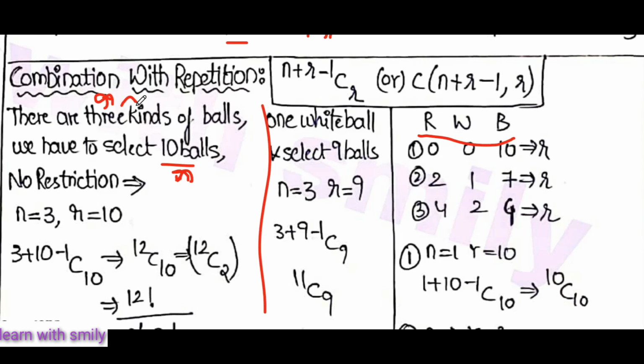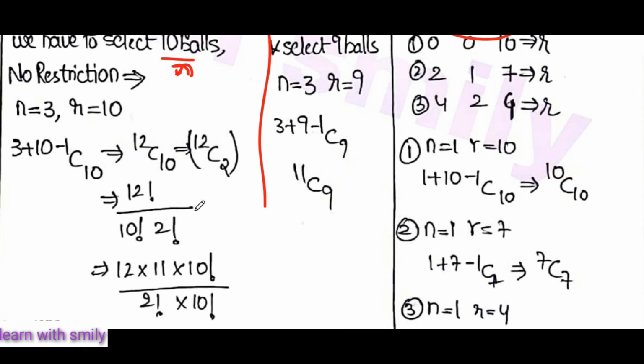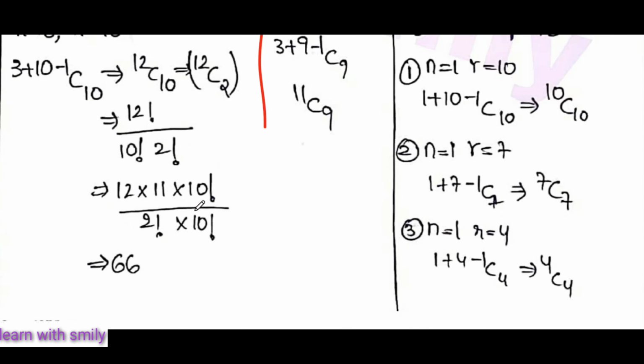So we consider n as 3, and the count we have to select is 10 balls, so r is 10. There is no restriction, so n equals 3 and r equals 10. By using this formula, 3 plus 10 minus 1 C 10. So we have to solve and get the output.